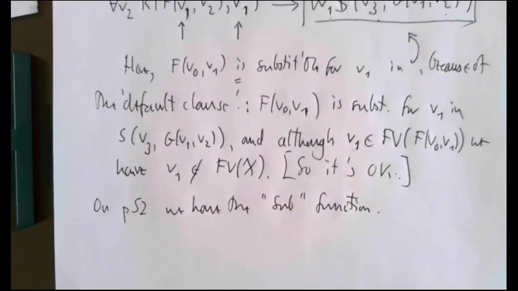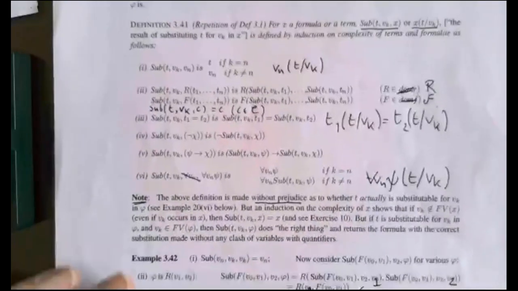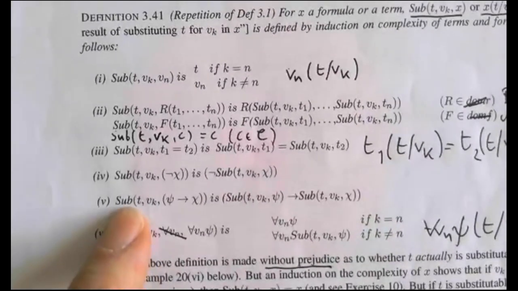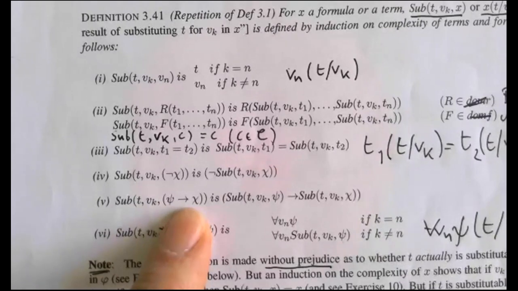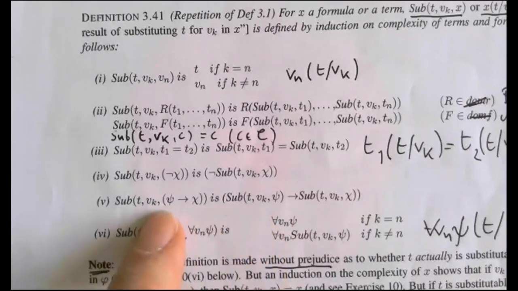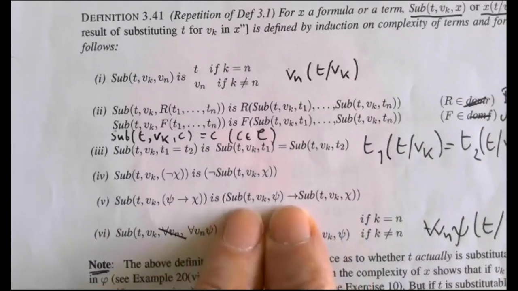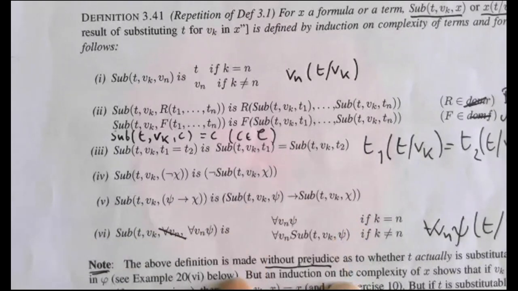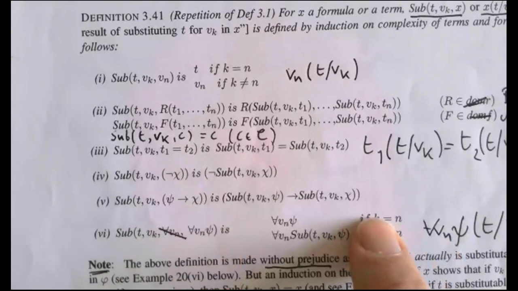Again, this is a definition by recursion. If I want to substitute a term for a variable in an implication, I assume that I know how to do it in psi and in chi, and I just put an arrow between them and brackets around.